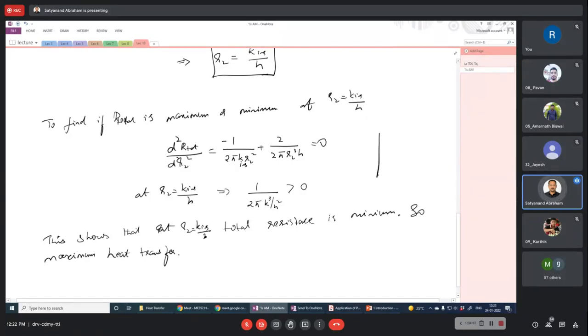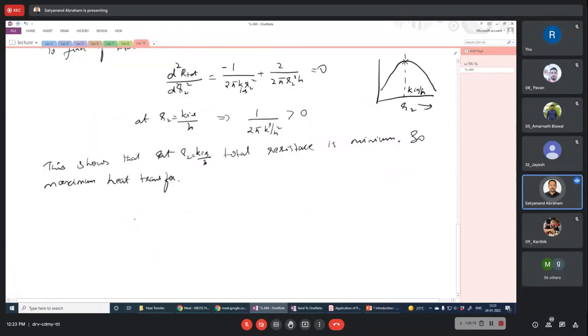If you plot the heat transfer, we can see that as R2 increases, the heat transfer increases, and it goes to a maximum at the point where R2 equals K insulation by H. This is the radius at which the lowest resistance, or the maximum heat transfer, occurs.